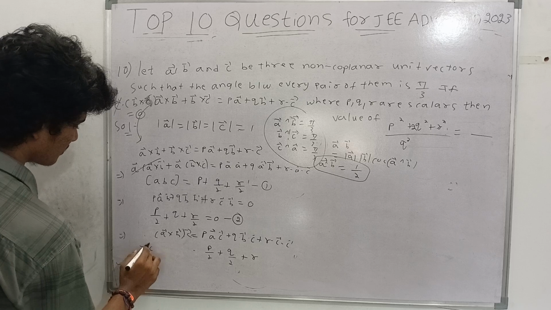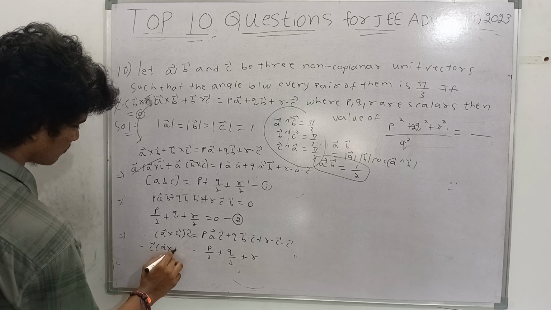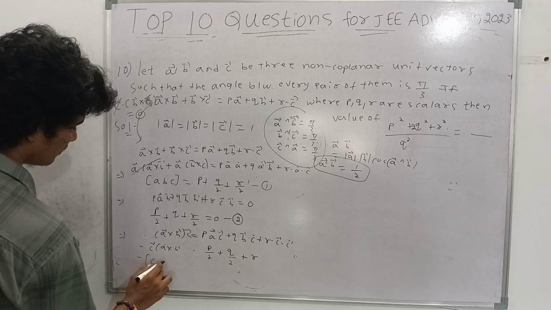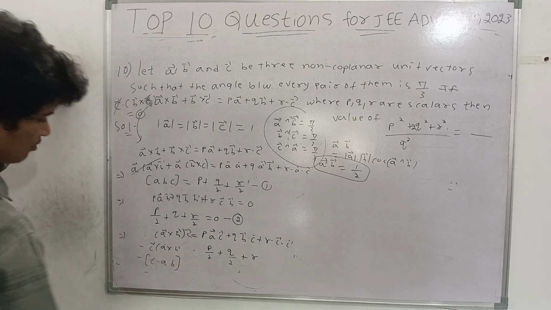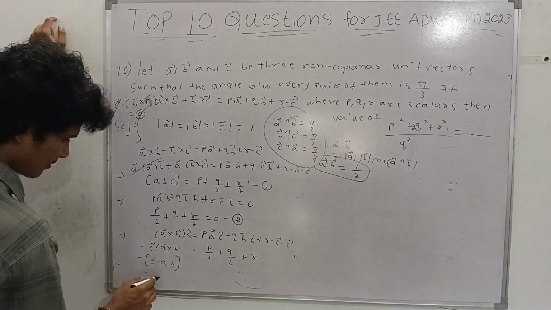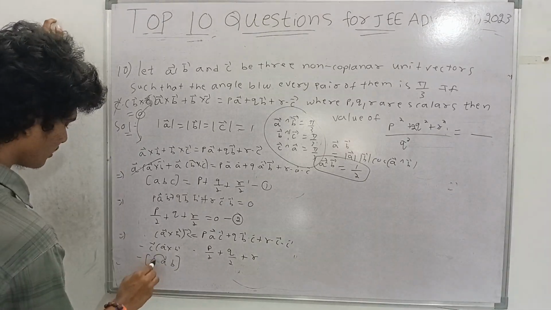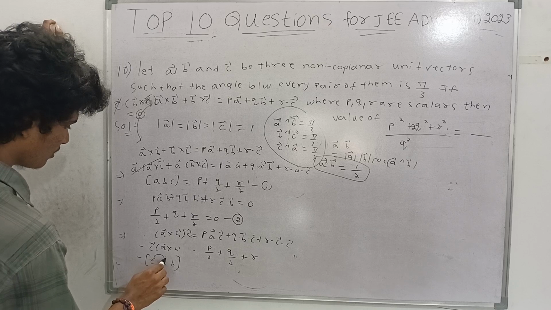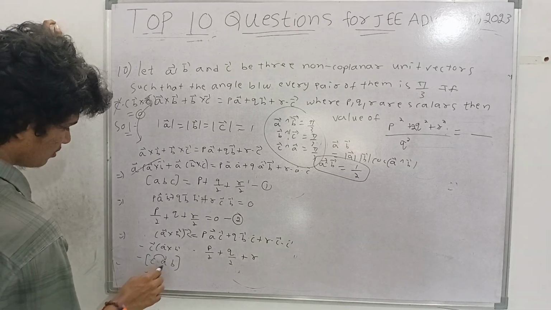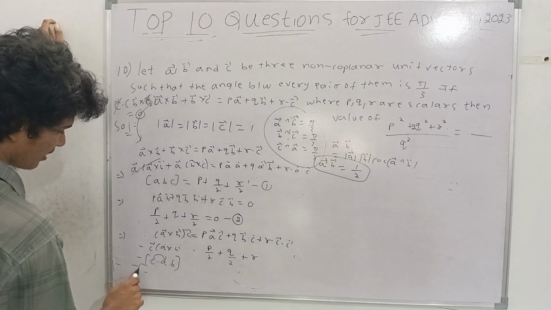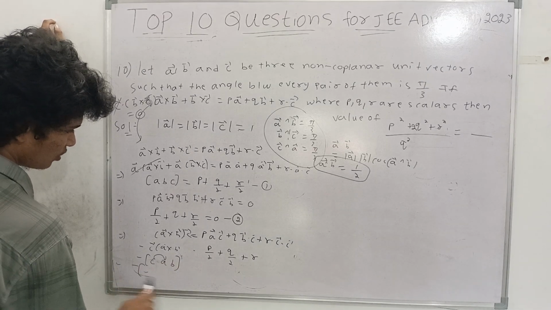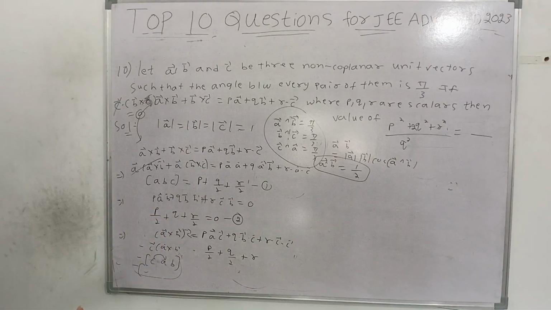Basically this is minus of c vector dot a vector cross b vector. So here it is minus of box CAB. I have to shift these things. So here, minus. Basically these two things are equal.